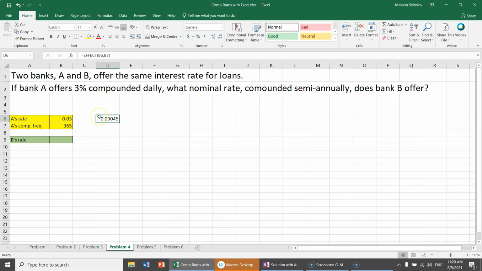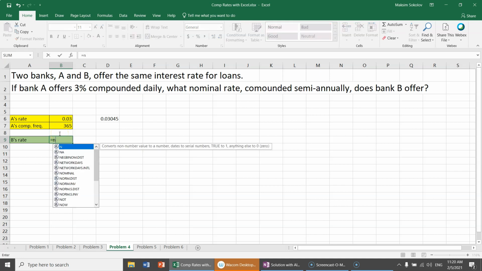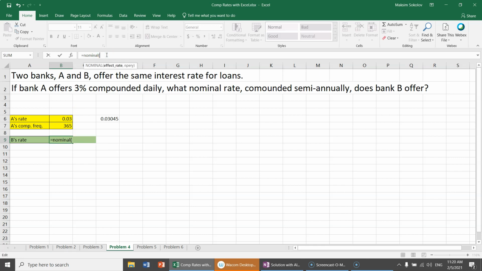If we let Excel now compute this, we find the effective rate, which is equivalent to 3% compounded daily, in cell D6. Now we are ready to find the nominal rate compounded semi-annually in cell B9. To do so, we'll use the function nominal. That function nominal will require the effective rate to be inputted, so it's going to be in cell D6, and then the number of periods that we are looking for.